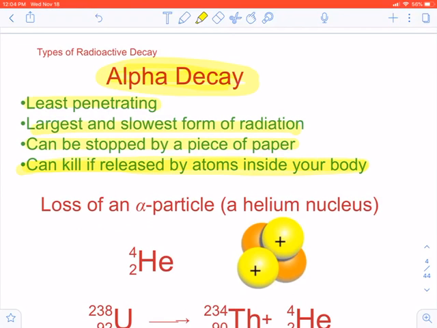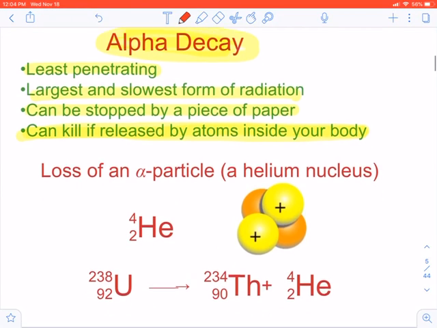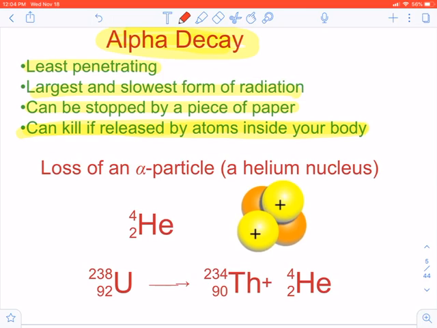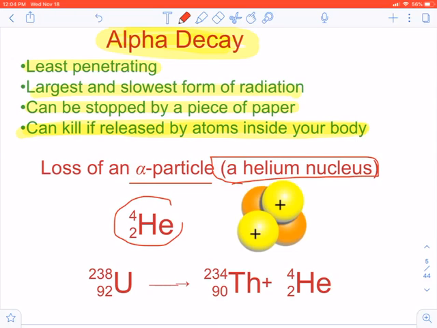But when we say alpha particle, we literally mean a helium nucleus. Not all heliums are alpha particles, but an alpha particle is a helium nucleus. Literally, this radioactive helium shoots off the atom.